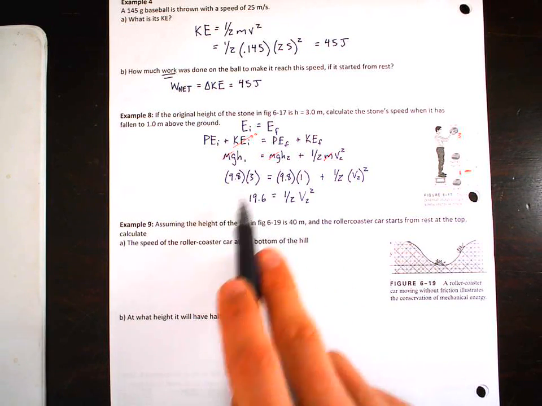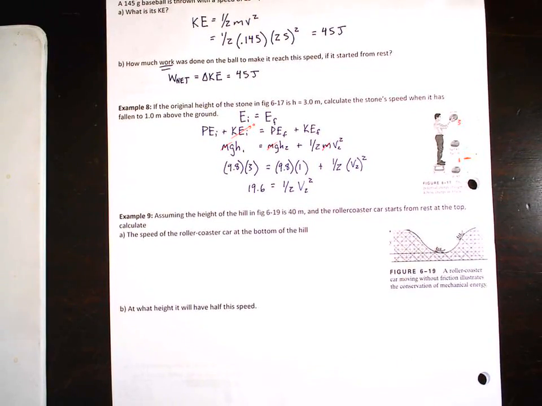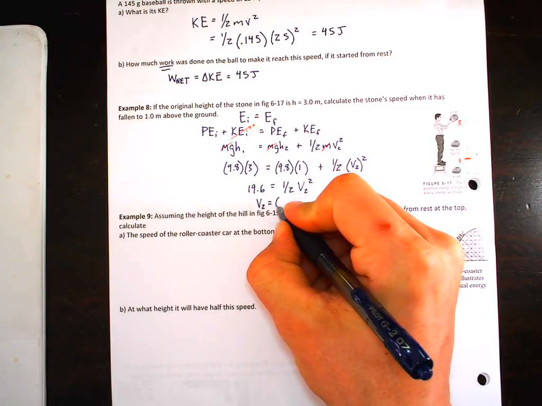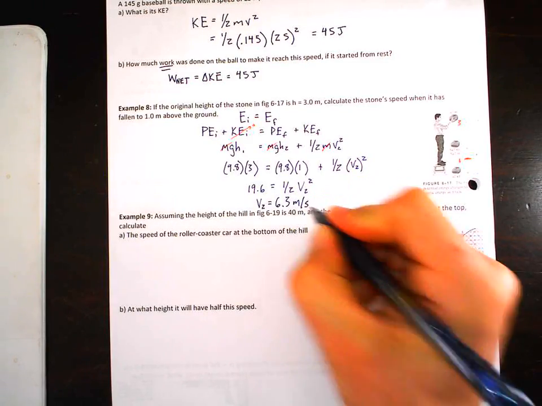Then we're going to multiply that by 2 and square root it. If you do that, you should get 6.3. So type that in yourself. And v2 equals 6.3 meters per second.